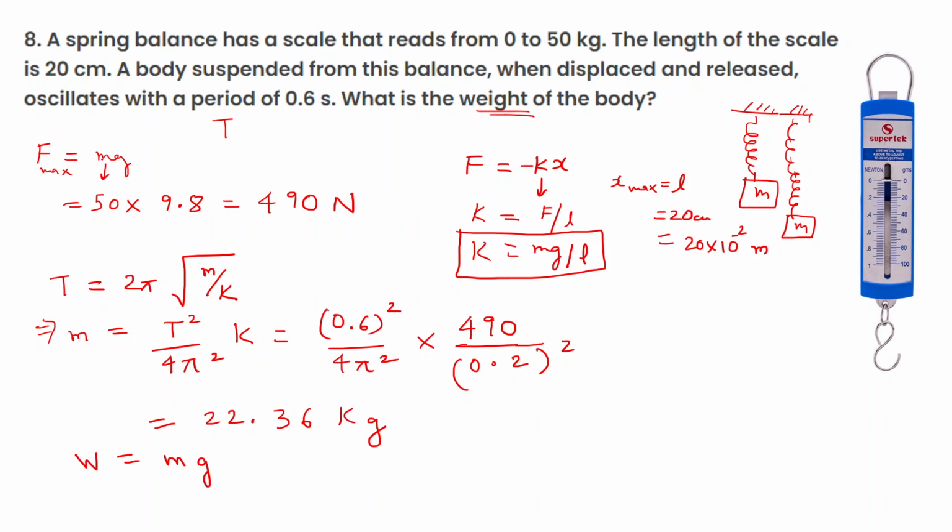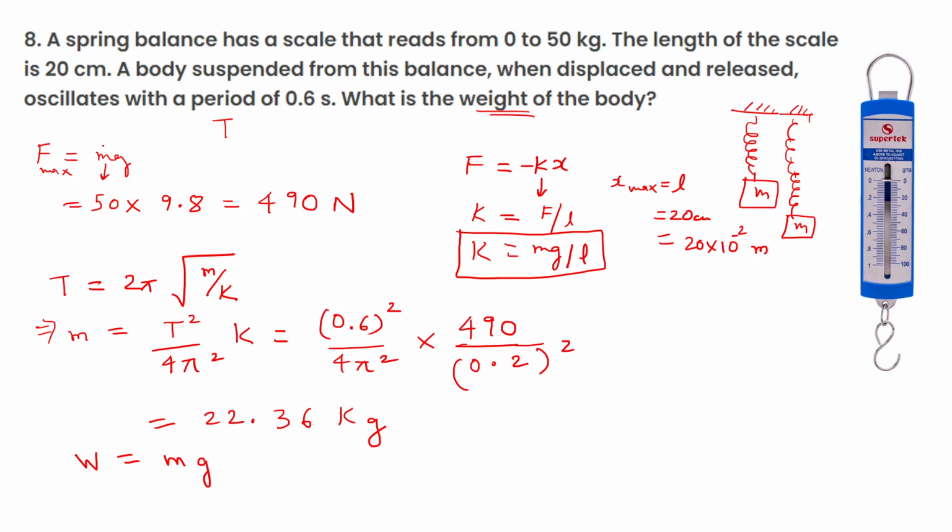This m was the maximum mass that can be kept for this, but we have been asked what is the weight of the body because of which this oscillation is happening.